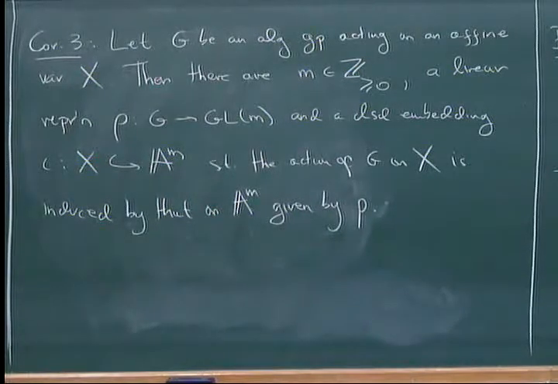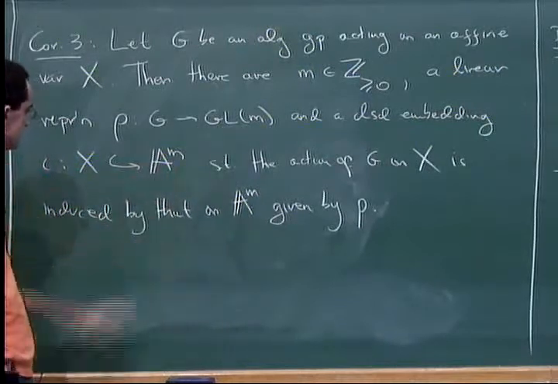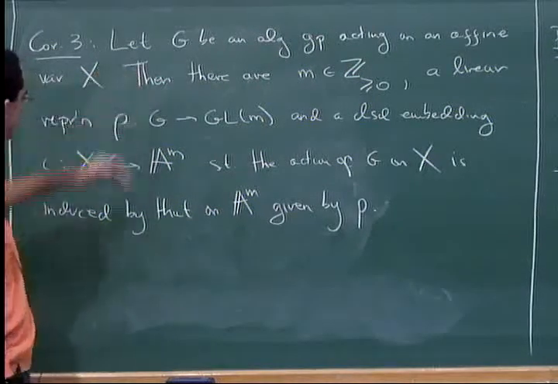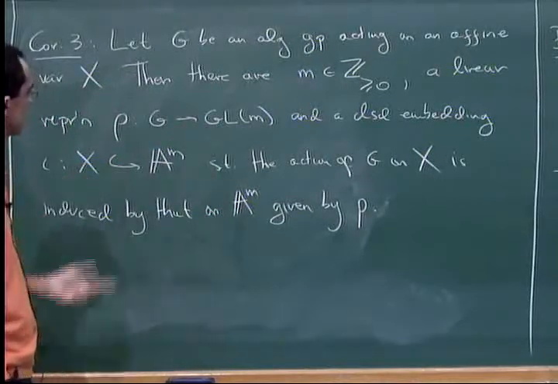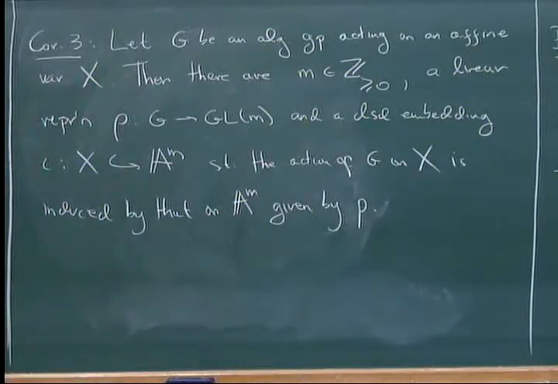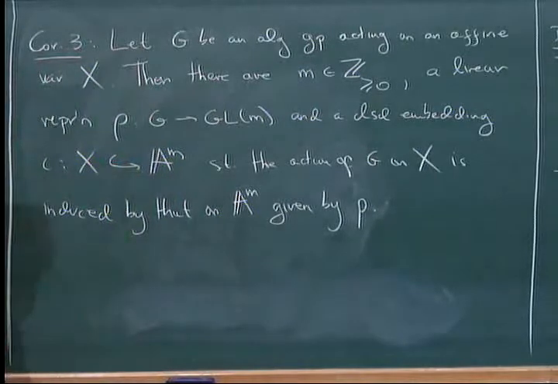Okay, so here we have a linear action on A^m, right? You have a matrix, you multiply here, you view this as column vectors, right? And what I'm saying is that you can concoct everything here such that when you restrict this action to X, then what you get is the original action that you're given. Okay? If you apply this to an affine algebraic group acting on itself, then, you have to work a bit, but what you get is that this affine algebraic group is a linear algebraic group.